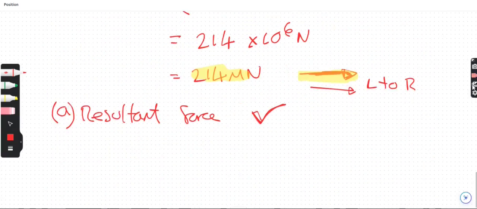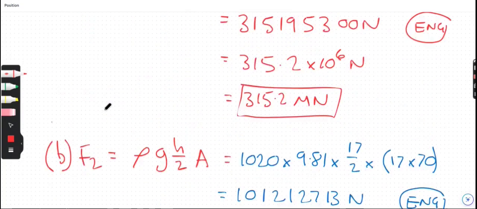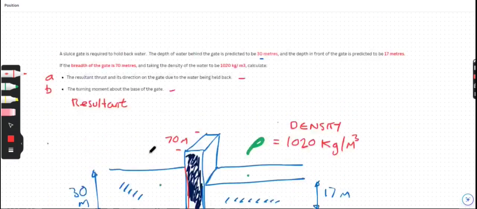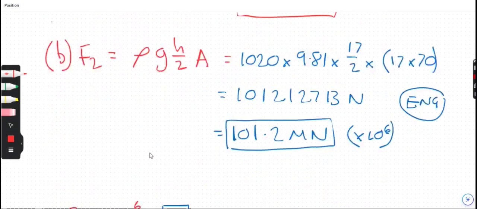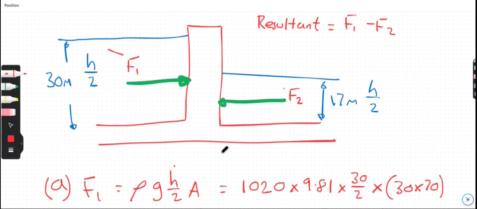Part B is coming up. Part B, we've got to find the turning moment, the resultant turning moment. Part A was the force and the direction, which we found out to be 315.2 going that way and 101.2 going that way. There, look. So F1's bigger.